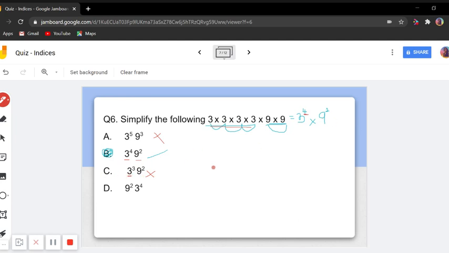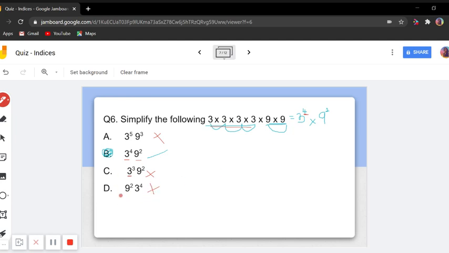So C is wrong. D, 9 to the power of 2 and 3 to the power of 4. Alright, so 9 to the power of 2, is it correct? Yes, 9 is multiplied by itself for 2 times. 3 is multiplied by itself for 4 times. But why is this incorrect?